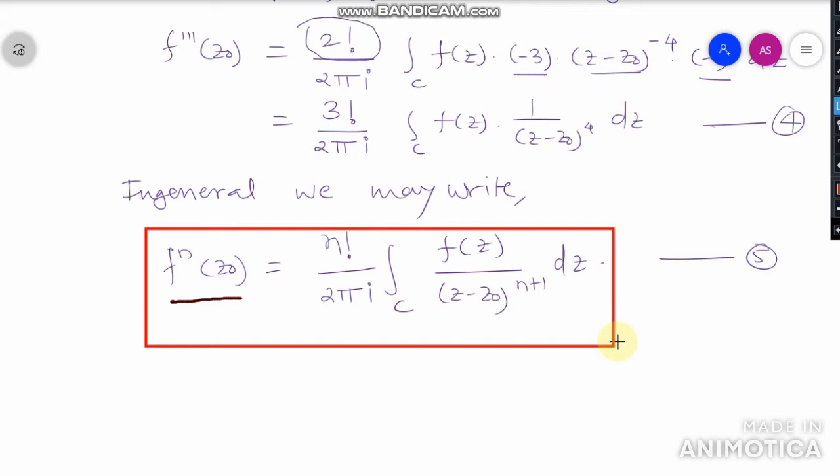Okay, so that's it. Now we will solve some examples.